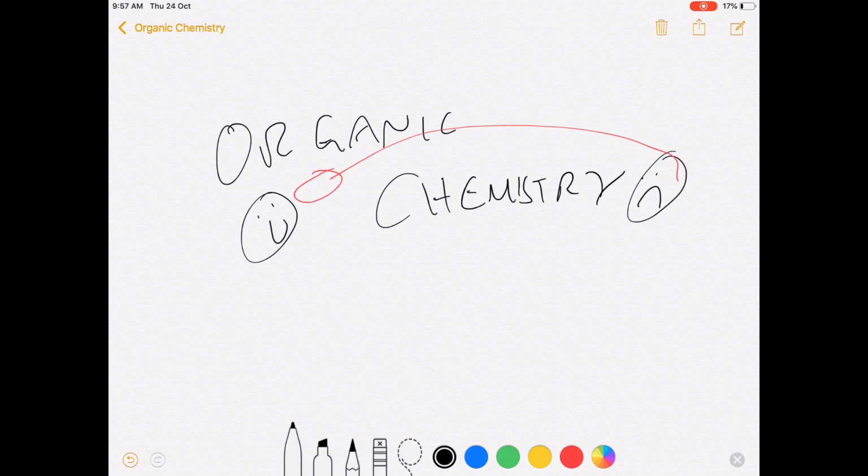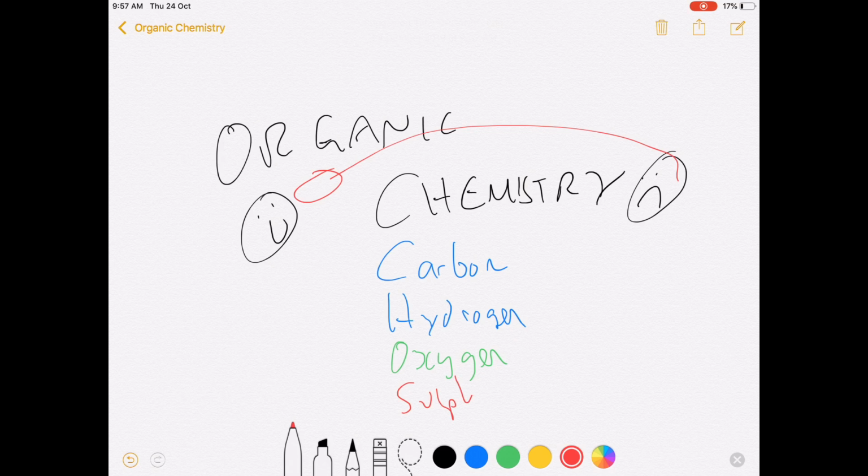So first of all, organic chemistry is to do with the chemistry of carbon and hydrogen. To a lesser extent, we can also have oxygen. Even lesser extent, we can have sulfur and nitrogen.